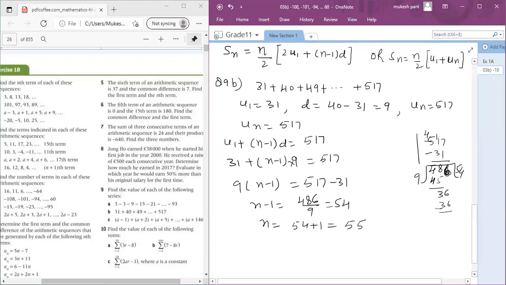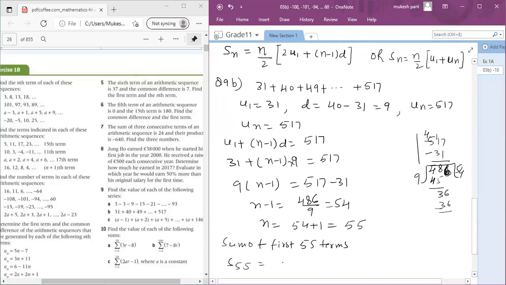Okay, so now we have to find the sum S55, sum of first 55 terms. Sn means here n means 55.